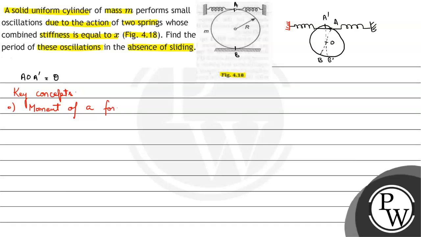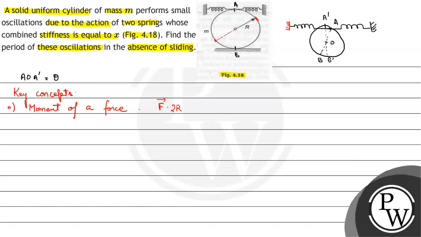The moment of a force is given by F, which is force, into the distance between the arms, which in this case comes out to be equal to 2r, because the total distance between the 2 points will be this.